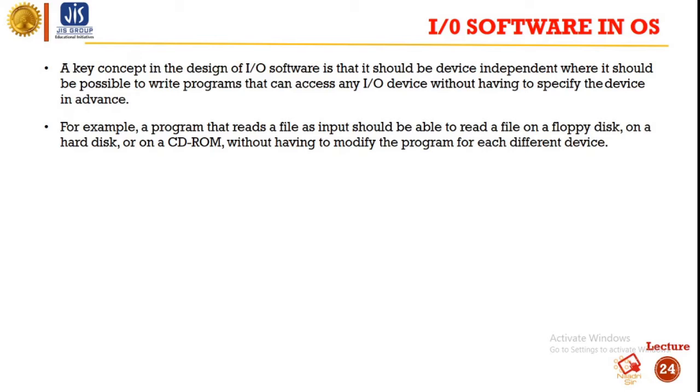So there will be a single program to read something, and that can be a file on a floppy disk, on a hard disk, or from a CD-ROM. It does not depend on where you want to read from.